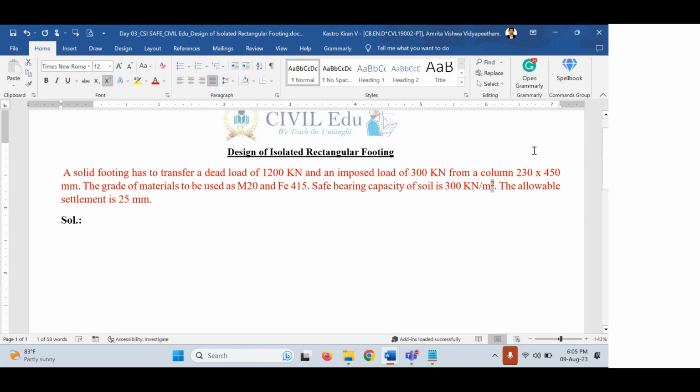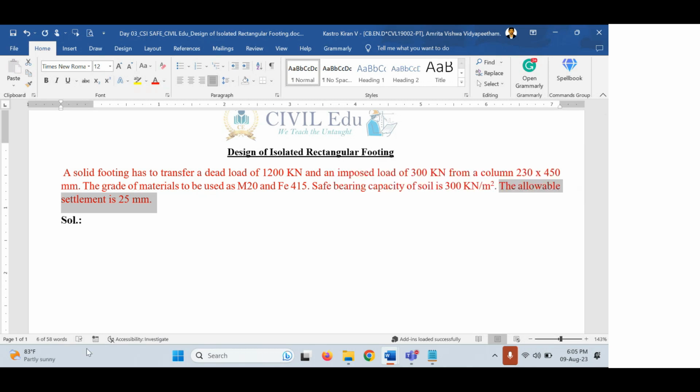Before designing the footing, it is important to understand the maximum settlement in any type of footing, not just in isolated footing. In general, the IS code says that whenever you design a foundation, the maximum settlement in any kind of foundation is assumed to be 25 mm. That's the maximum allowable settlement.